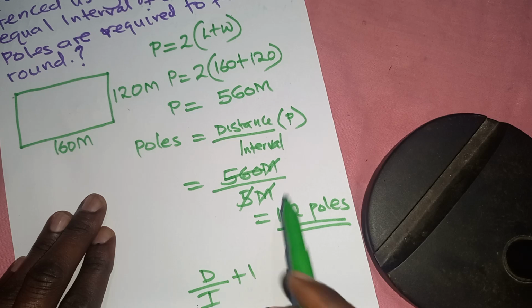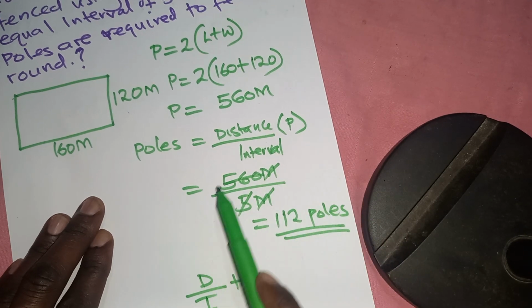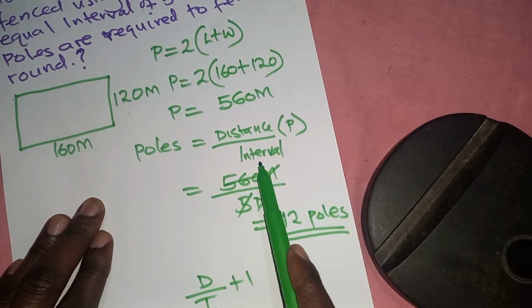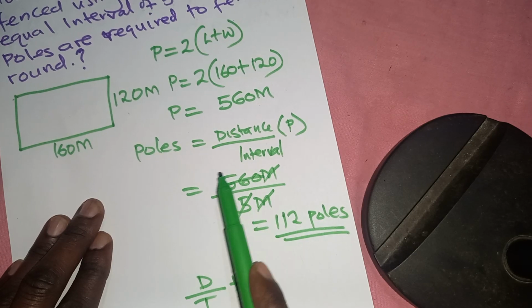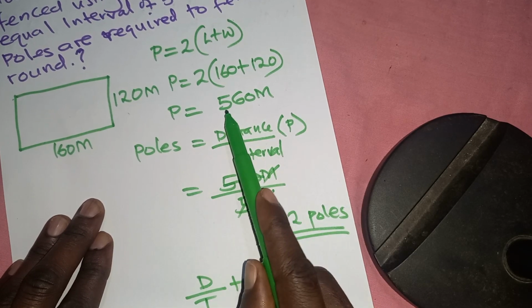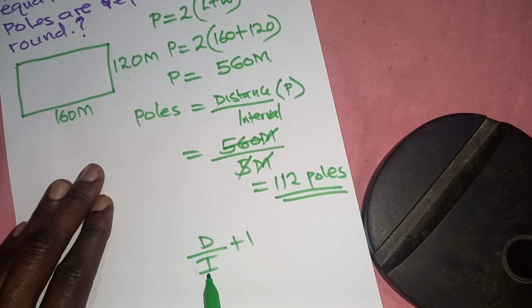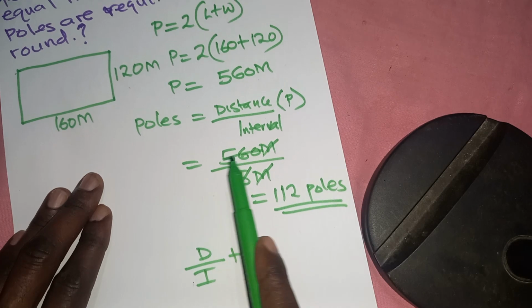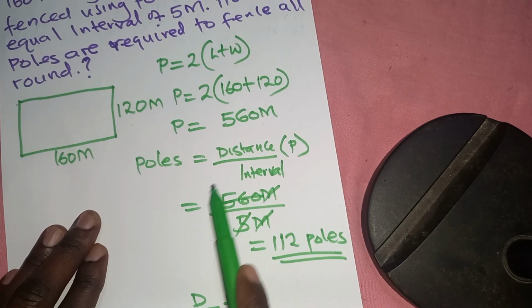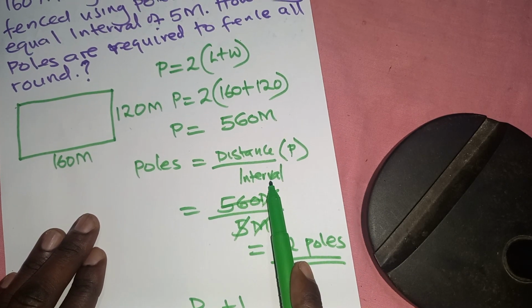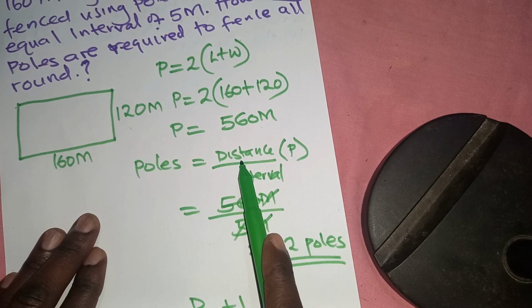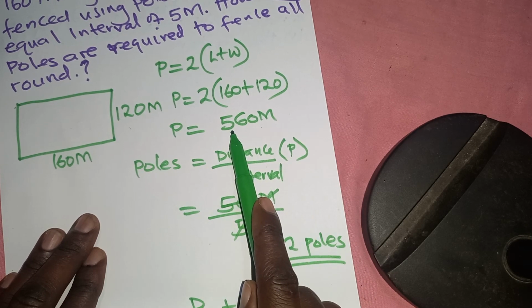But if there is no gate, you just use the formula distance over interval. Are we together? So make sure that if there is a gate, after getting the perimeter, you subtract the measurement of the gate. Then use the formula distance over interval plus 1. But in our case, there is no gate. Therefore, we are just using distance over interval. I have told you distance in this case is the perimeter that we calculated earlier.